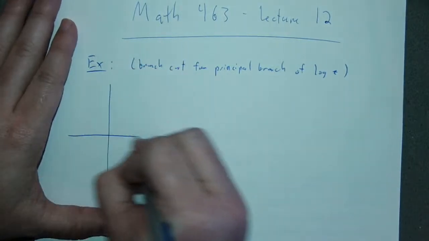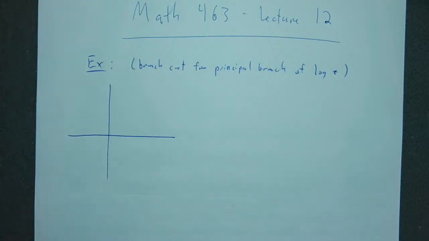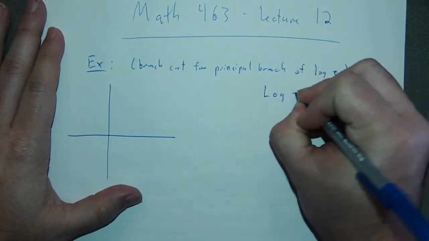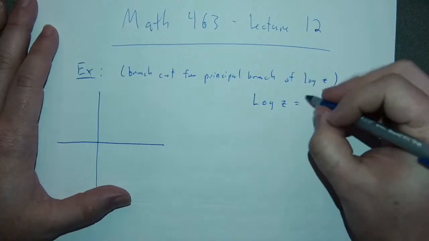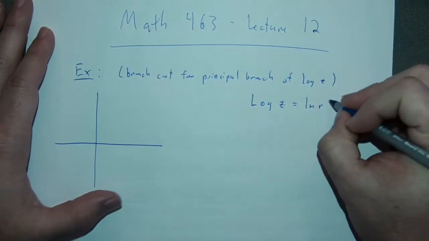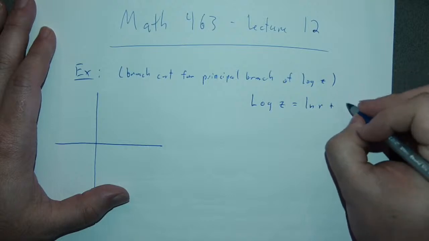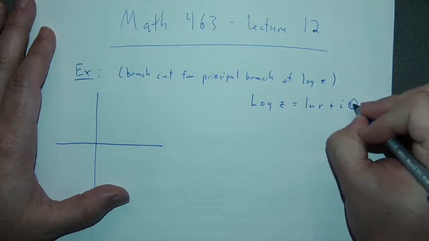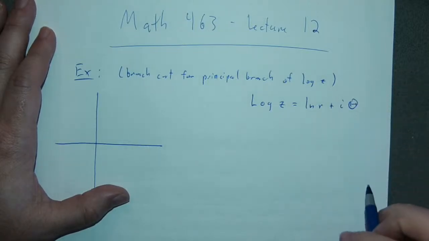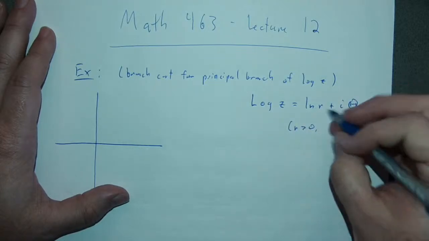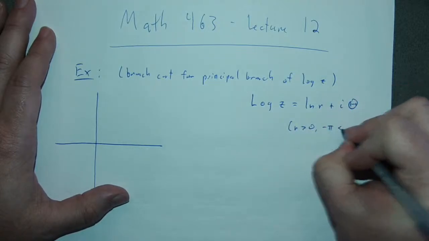The principal branch that I had before is defined as the natural log of r, which is a real number, plus i times the principal argument, big theta, where little r is greater than 0 and theta is strictly between minus pi and pi.